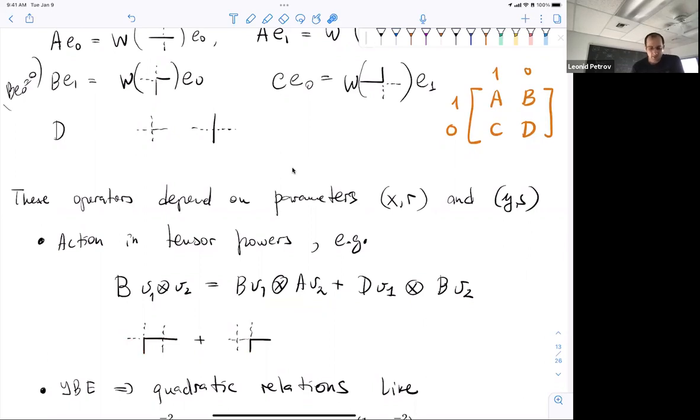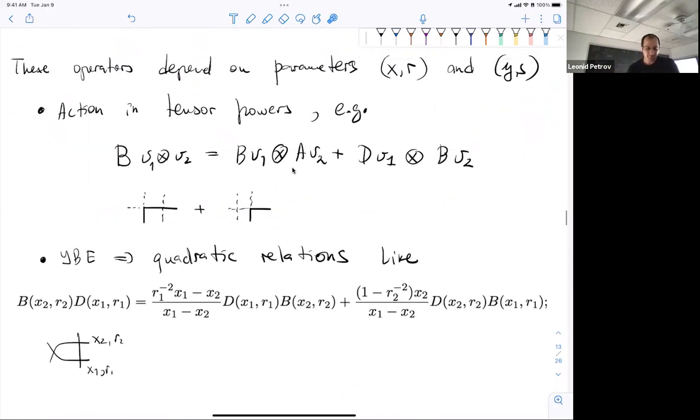So this lattice structure, even without any integrability, allows me to define my ABCD operators in tensor powers of the space. And integrability comes as a Yang-Baxter equation, and it gives me quadratic relations on the operators themselves. When I stack together the operators vertically, it means that I take a product of the operators in the same space.